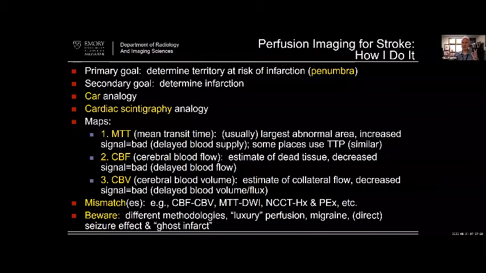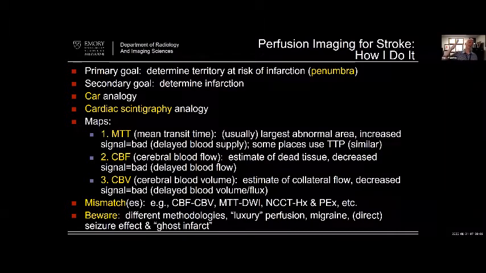Every time somebody says mismatch, it's one thing versus another compared with the two, right? So you have to ask them, what do they mean by that? Classically, the mismatch they're talking about with perfusion usually is CBF and CBV. So the idea for an acute infarct would be that you would have elevated MTT, then you'd look and their CBF would be decreased in a particular area, say MCA for the sake of example.